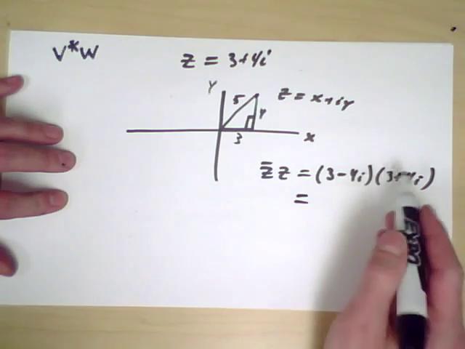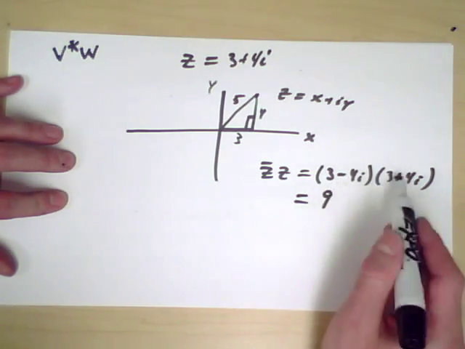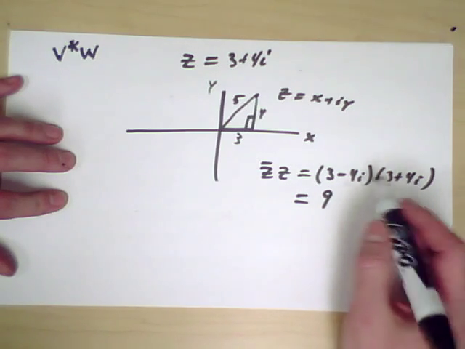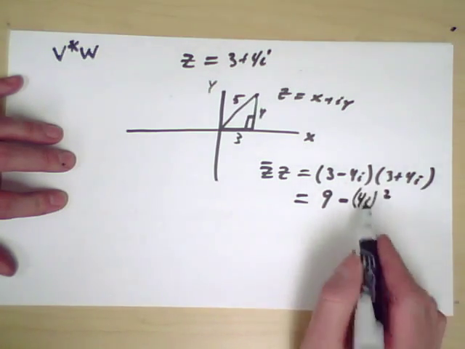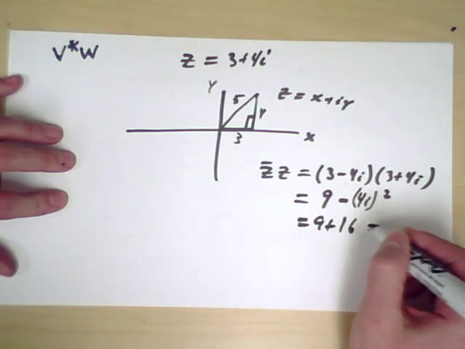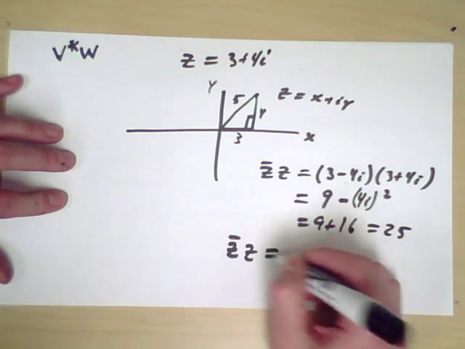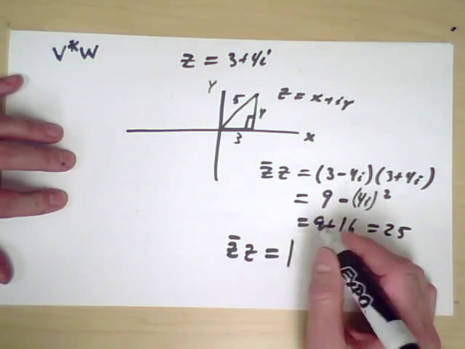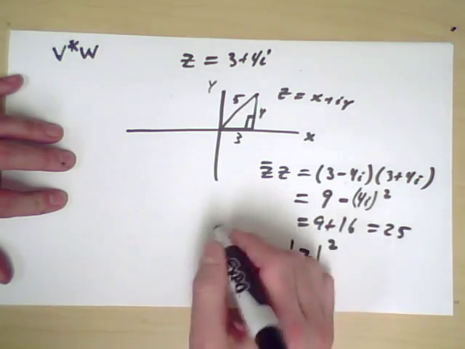This quantity is now 3 times 3 is 9, and with the plus and the minus, the cross terms cancel. And the last part is minus 4i quantity squared, but of course i squared is minus 1. So this is 9 plus 16, which is 25. So z bar z is our expression for the length squared, the modulus squared, of a complex number.